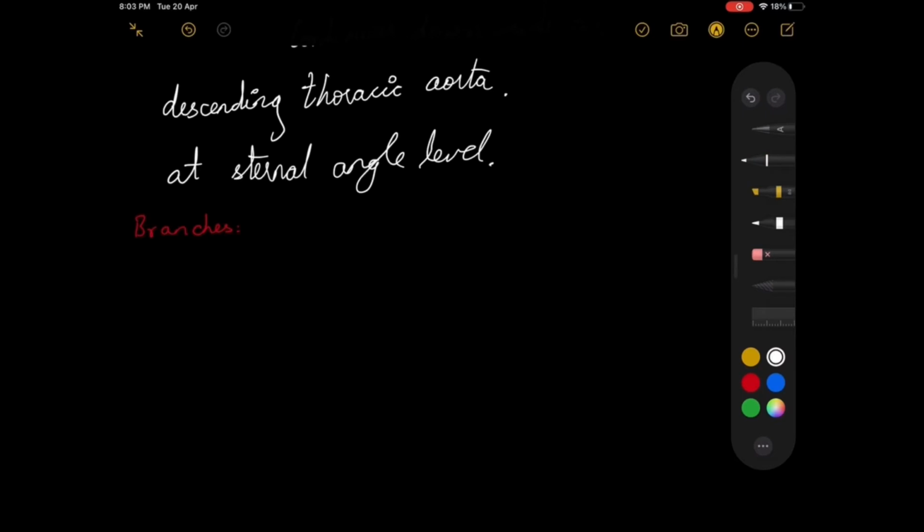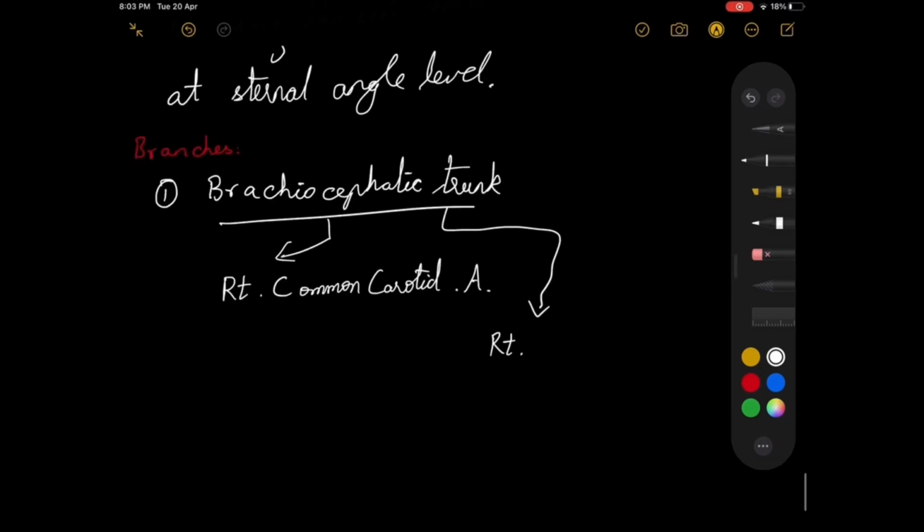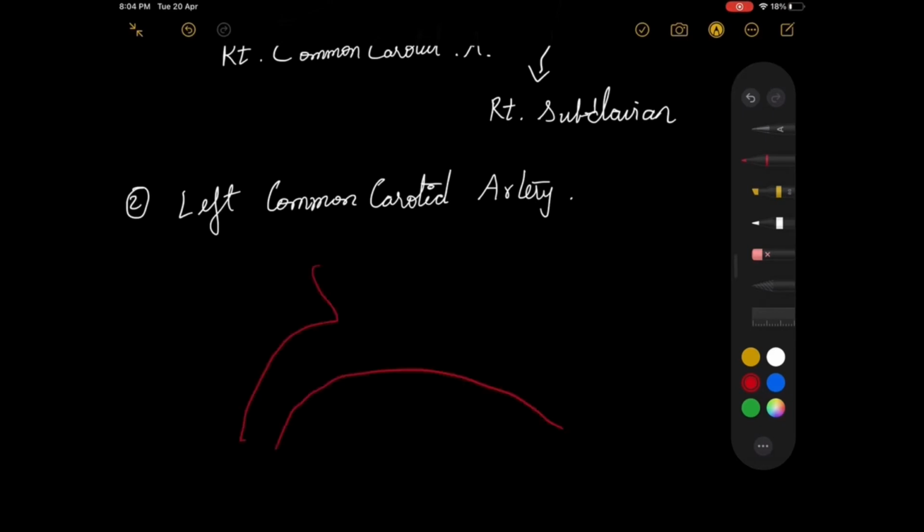Branches. First, the brachiocephalic trunk, which gives the right common carotid and the right subclavian artery. And then the left common carotid artery. And then the left subclavian. And to the relations, now we have a diagram which is very simple.